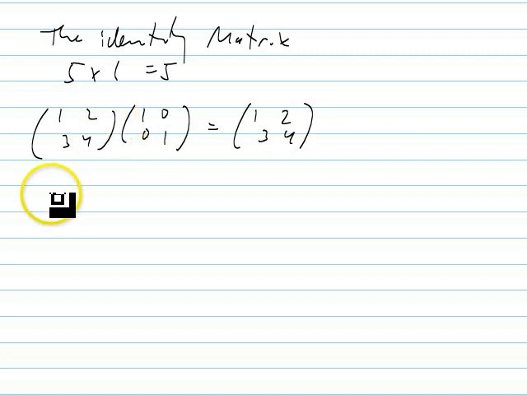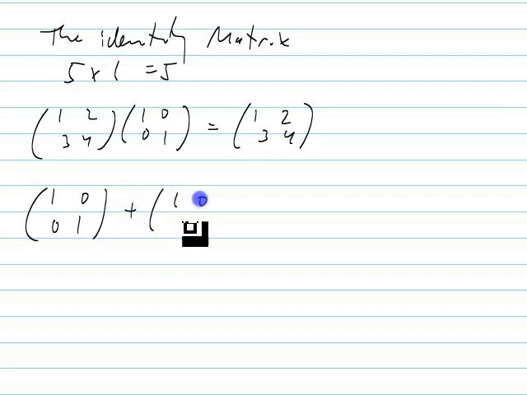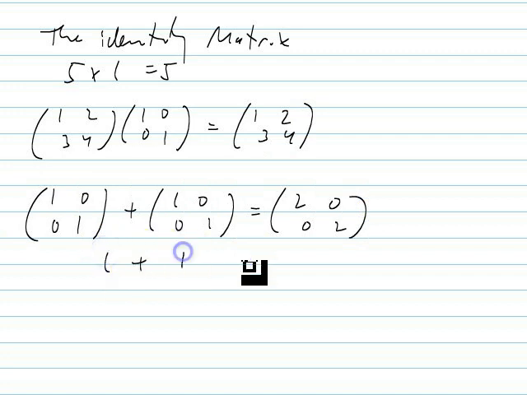This identity matrix, we could do things with it, like if we add 2 of them together, we get 2, 0, 0, 2, which is kind of like saying 1 plus 1 equals 2. In that way, numbers are kind of like a subset of matrices, where this is kind of like the number 1, so 1 plus 1 equals 2.